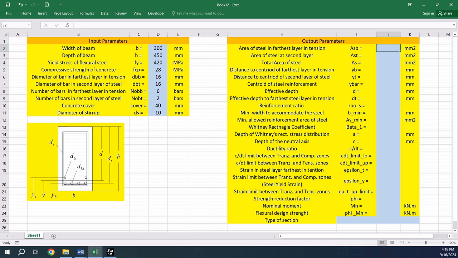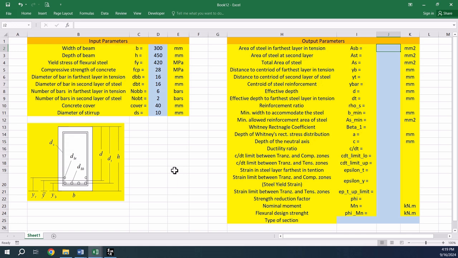In the previous session, we assigned names to all of our input parameters. Today, we will assign names to all of our output parameters. Eventually, all of these assigned names will be used to define our equations and formulas that will produce the actual output parameters.